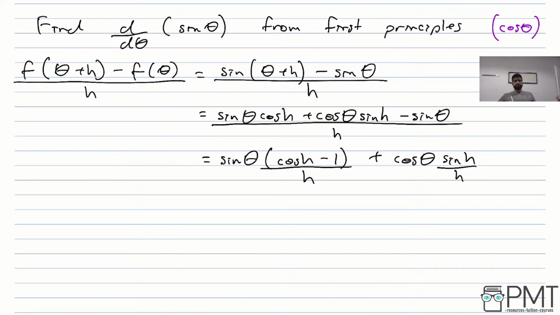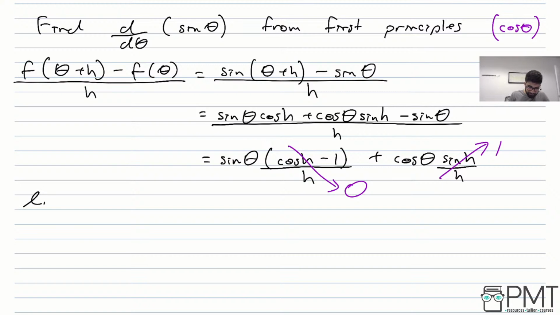So the approximations are going to be the same. We can take this to be 1, and this is going to be 0. So the first term is completely 0. We end up with cos theta.